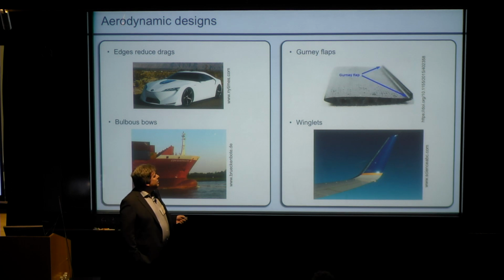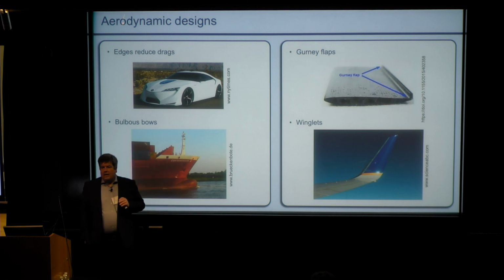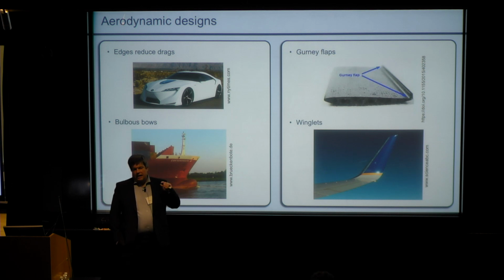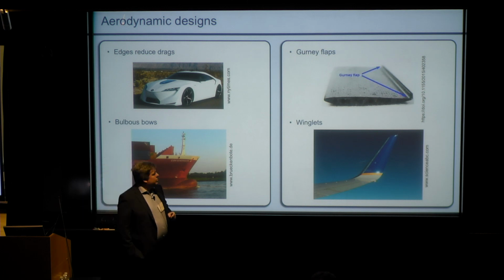These days, you find Gurney flaps everywhere, even on big wind turbines. There are little flaps on them, and they improve the efficiency of these wind turbines significantly, again by something on the order of 10%, although it's just a tiny flap. Around this tiny flap, vortices form, and those vortices will actually improve efficiency.